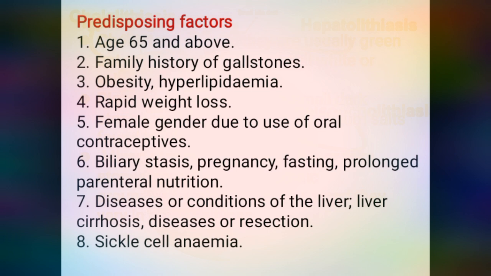Sometimes it could be a family history of gallstones. It is genetically inherited, whereby it runs in families. They've got an impairment in the biliary system, whereby it can result in the formation of stones. Sometimes obesity can also predispose an individual to gallstones. In what sense? There will be hyperlipidemia.